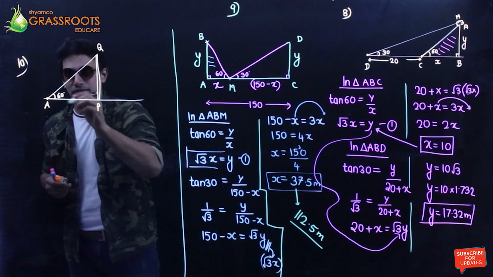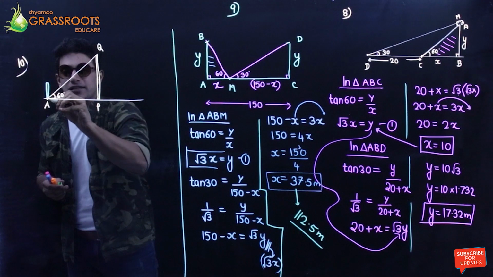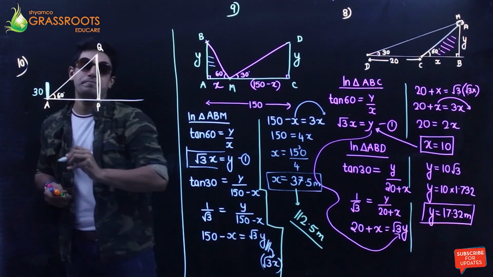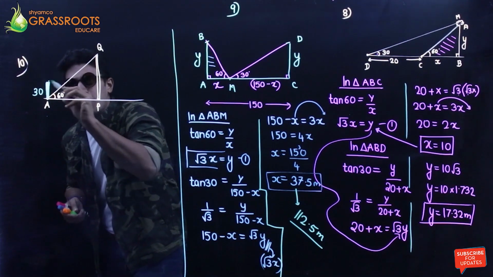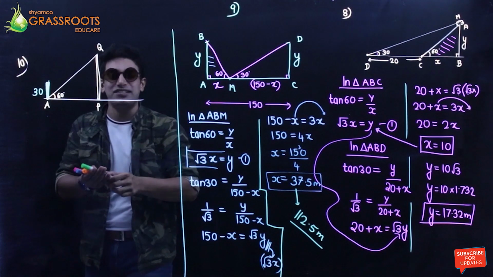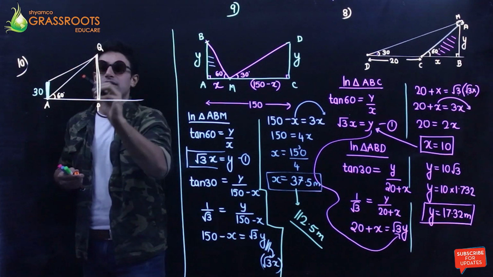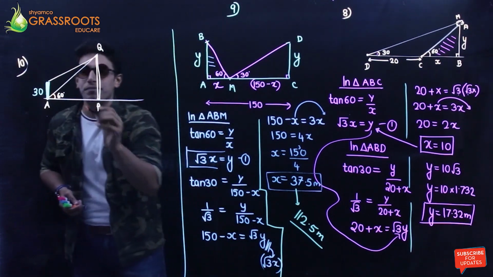There is a building at the base where I am standing. This building is 30 meters high. Now, from this point, from the top of the building, which is 30 meters high, I observed the same point, and the angle was found to be 45.